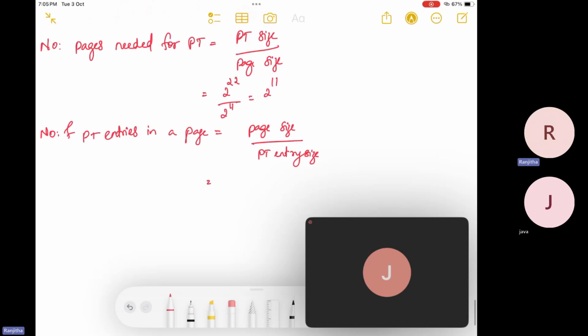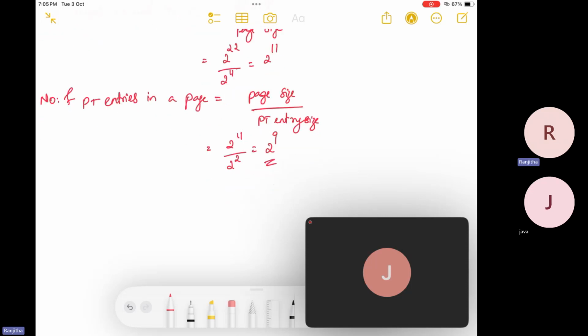Page size here is 2 power 11, page table entry size is 2 square, that is 4, so it is 2 power 9. So each page can have only 2 power 9 entries.